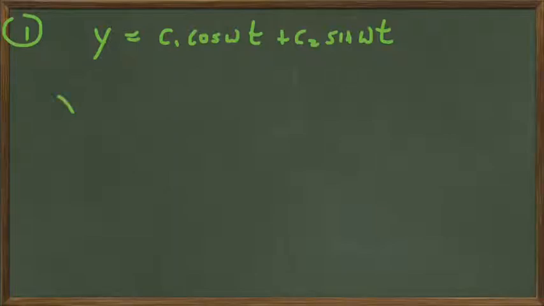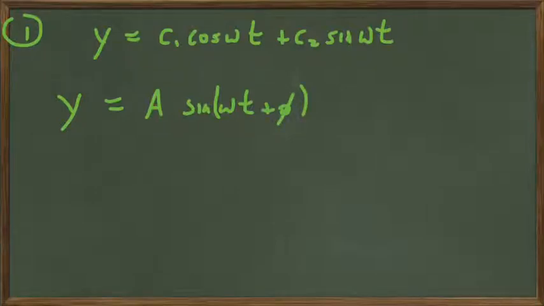That new structure that we want to use is going to be y equals A sine of omega t plus phi. And if we use the sum rule for the sine function and expand that, we get sine omega t cosine phi plus cosine omega t sine phi.